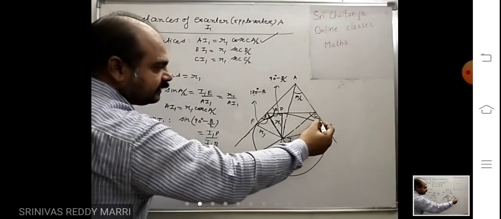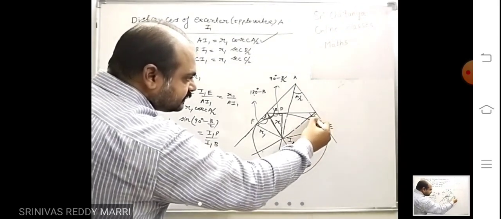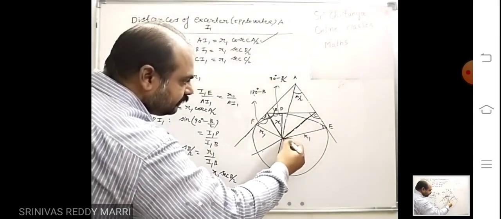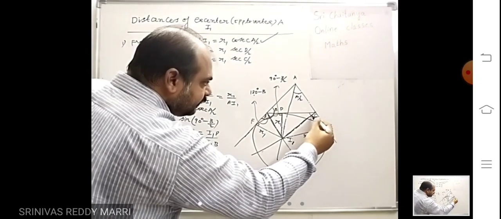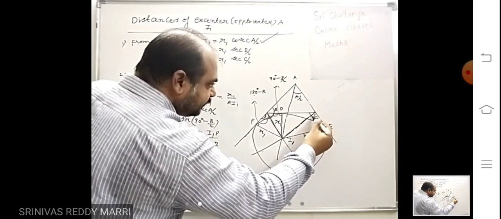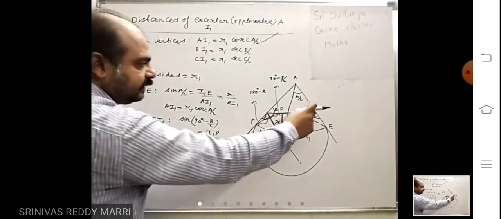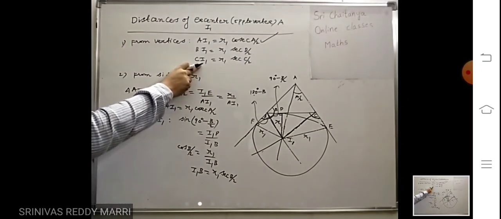Similarly, you consider this triangle. This angle will be 90 minus C by 2. This complete angle is 180 minus C, and this is 90 minus C by 2. In this triangle, if you write, you will get CI1.